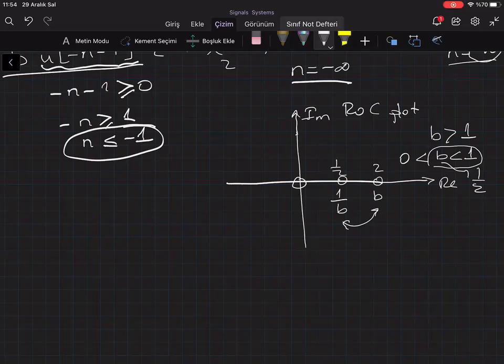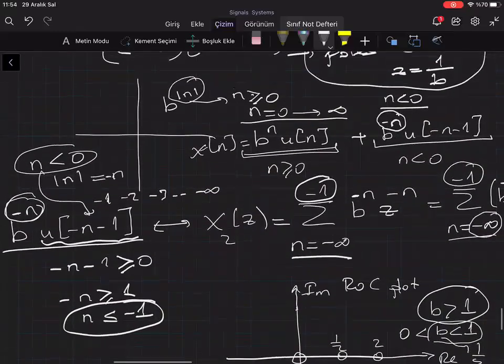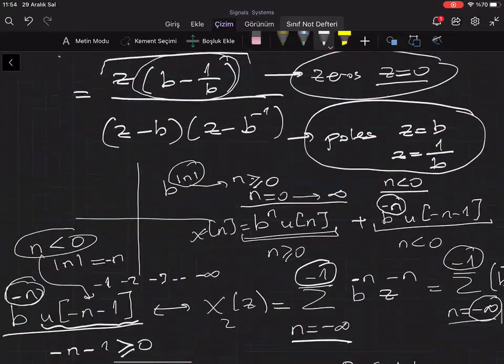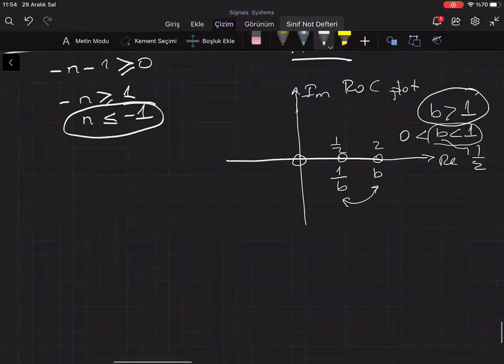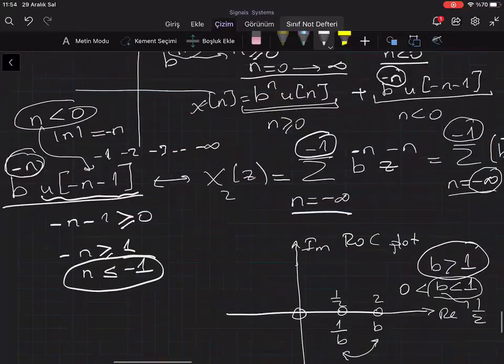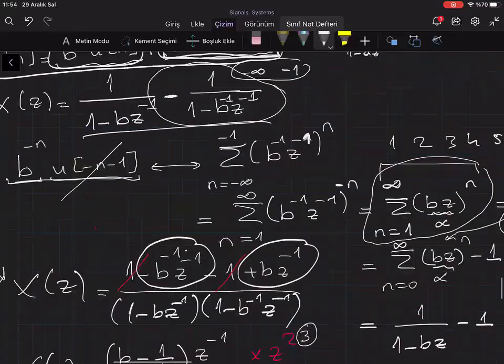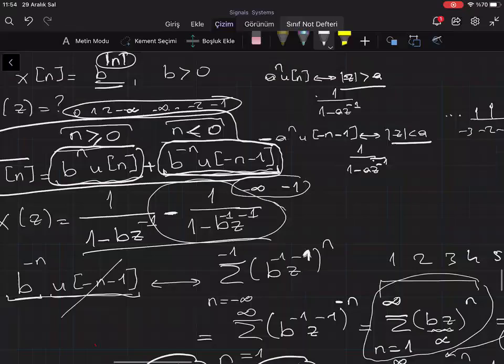So if B is greater than 1, how should I plot my graph, friends? So this is my right-sided sequence. This is my left-sided sequence.